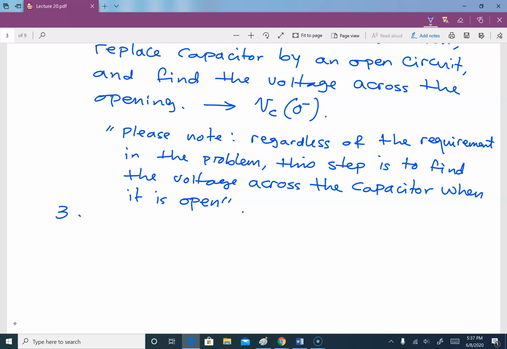Step number 3, draw the circuit after switch action.